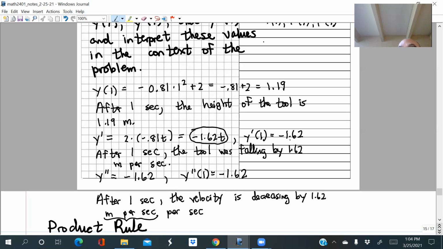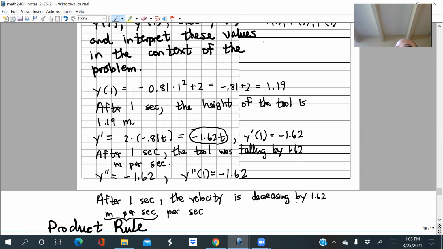So if it were dropping 1.62 meters per second after 1 second, according to our second derivative, that means in another second, it's going to be dropping that much faster, right? It's going to lose another 1.62 from its velocity. So after 2 seconds, it would be dropping by double this, you see, okay? After 3 seconds, triple that, right?